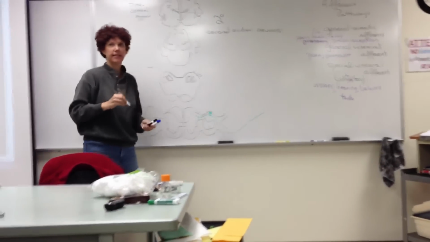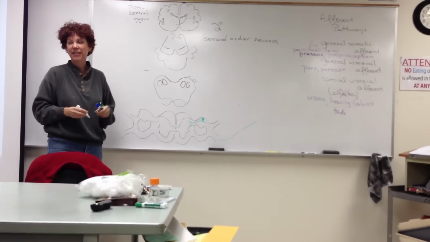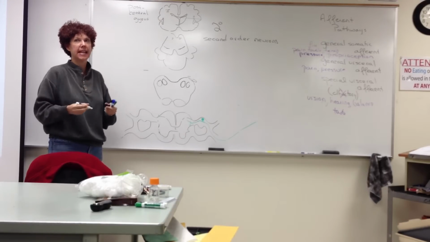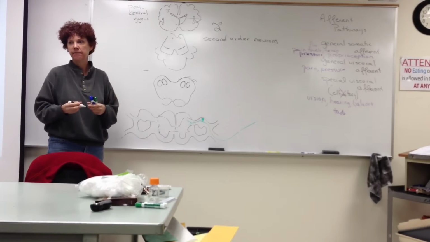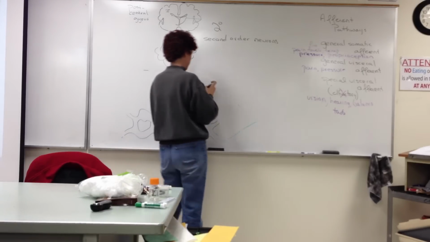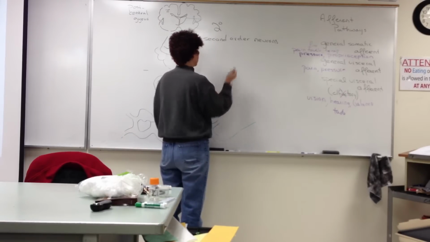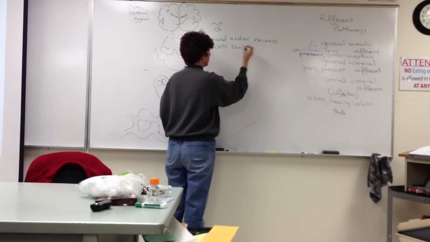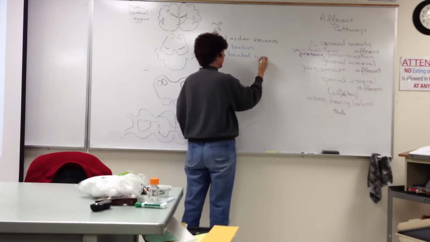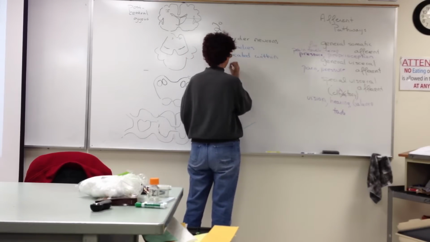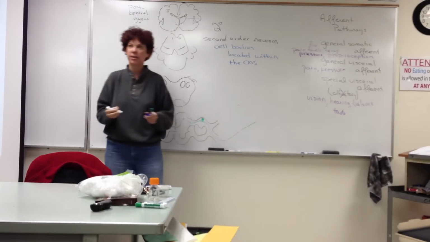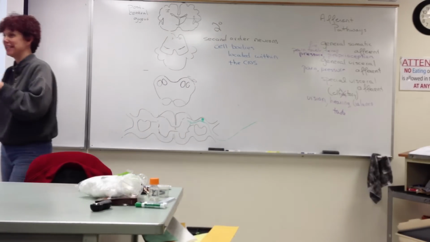Then it makes sense. The second neuron in the pathway is called the second order neuron. And its cell bodies are always in the central nervous system. So cell bodies located within the central nervous system. Now, we can either call it an exception, or we can say that the optic nerve is the central nervous system.